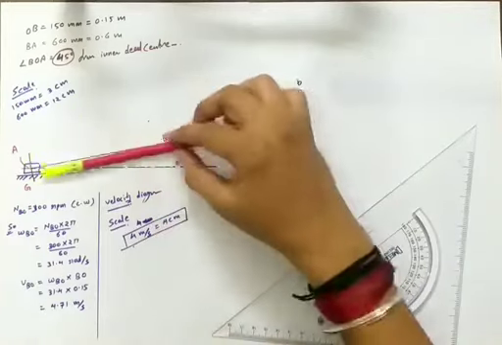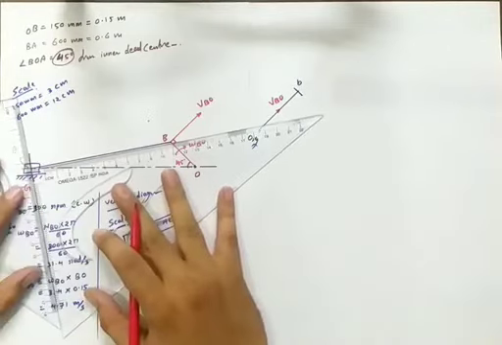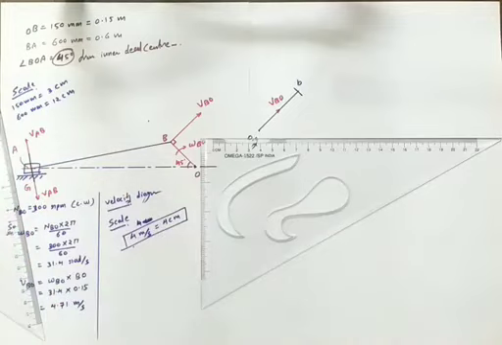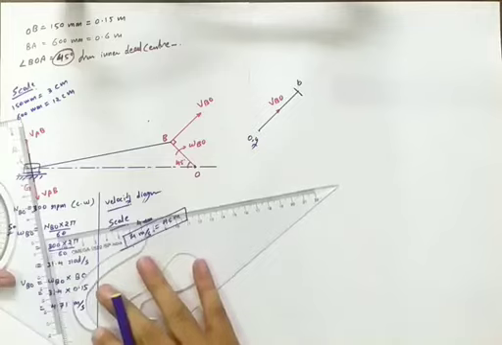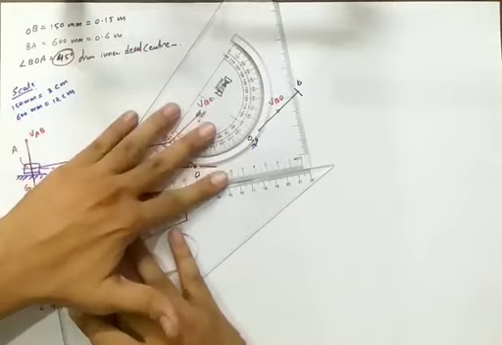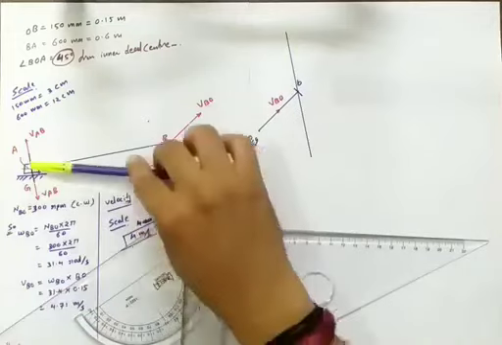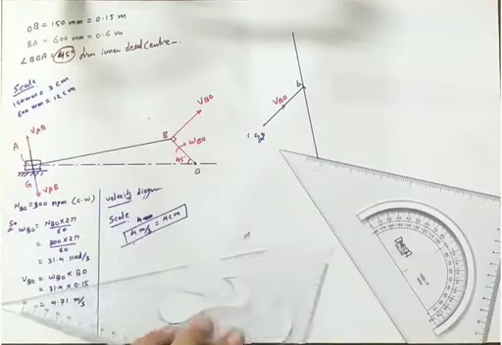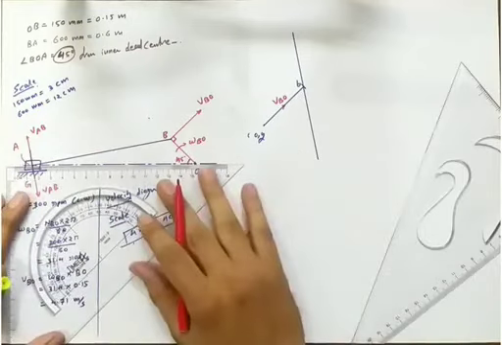Now with respect to point B, the A can move in this or this direction, so we just predict, okay, like this or in this. So we will shift both the directions to the point B with the help of set squares. And secondly, the slider can move in horizontal direction, so again we will predict both the directions, and we will shift to the velocity diagram.